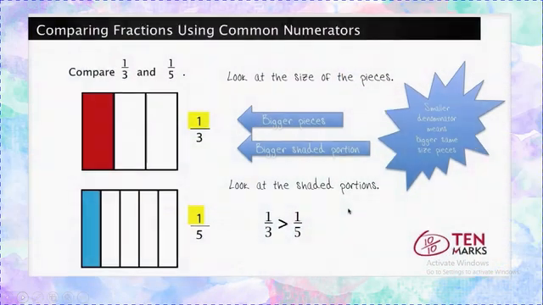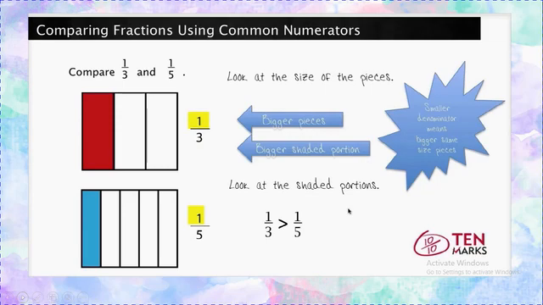Now let's have some examples. Compare 1/3 and 1/5. So look at the size of the pieces. In 1/3, the whole is divided into 3 parts, and one part is shaded, so that represents 1/3. For 1/5, the whole is divided into 5 parts, and one part is shaded, that is 1/5.